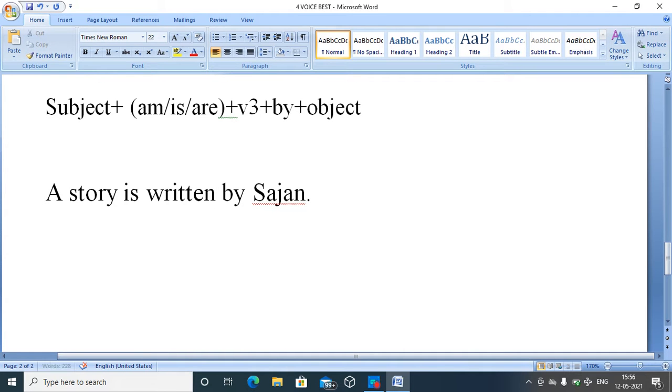So obviously it is a passive voice statement. Now our task is to identify the subject and object. Here the subject in this sentence is this one. The object is going to be Sergeant. So now our task is to transform it into active voice.